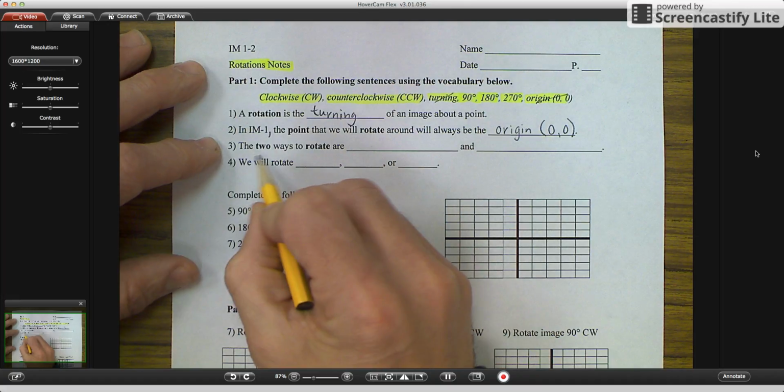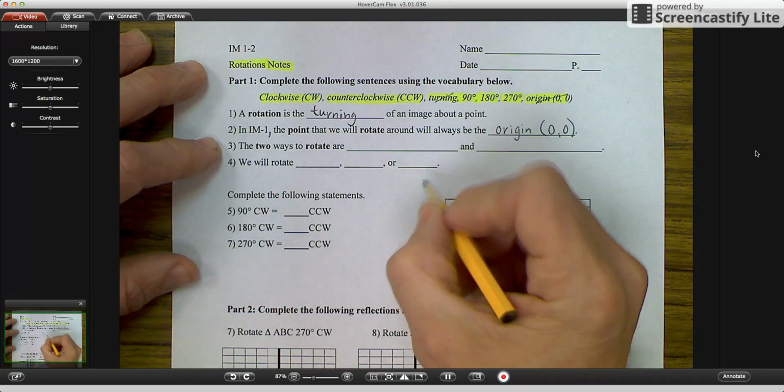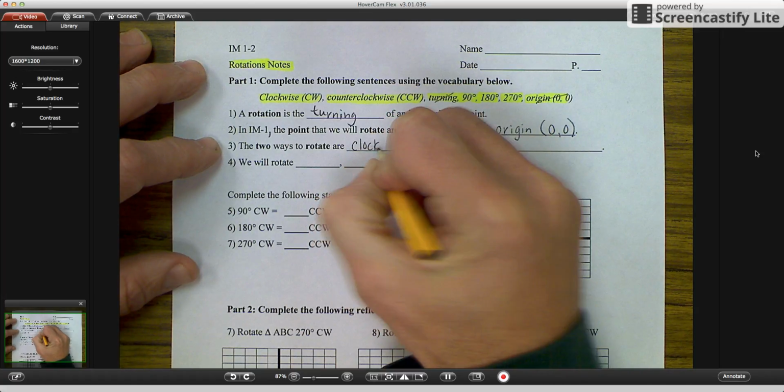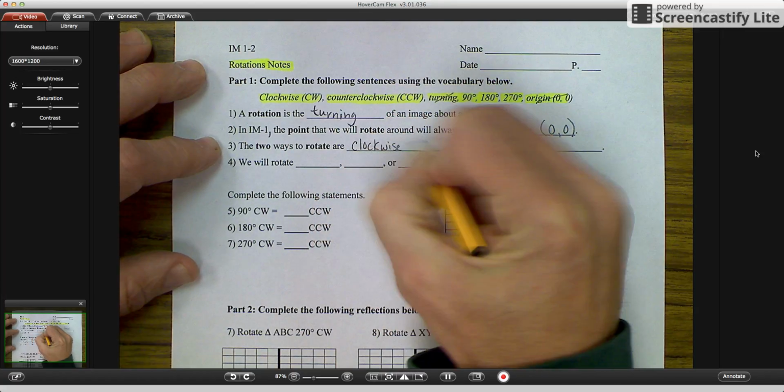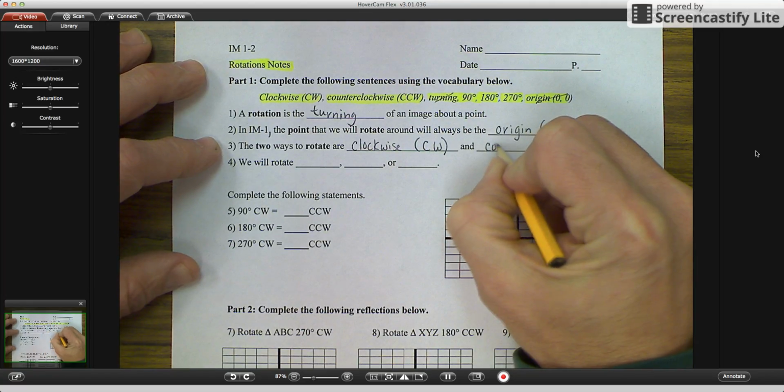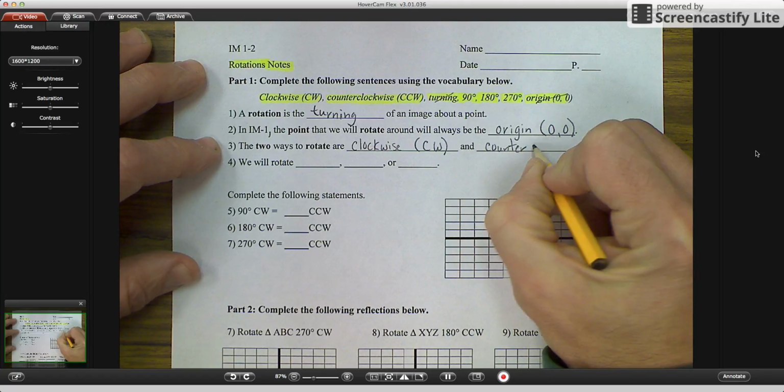Number three, the two ways to rotate are, here we go, clockwise and counterclockwise.